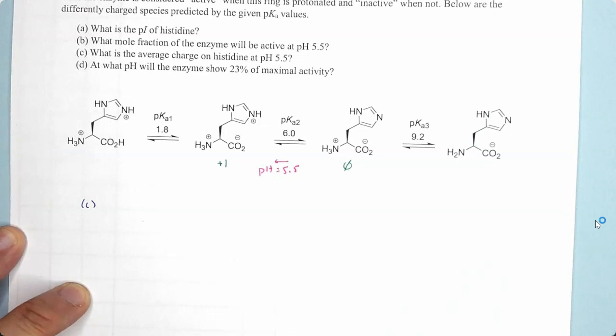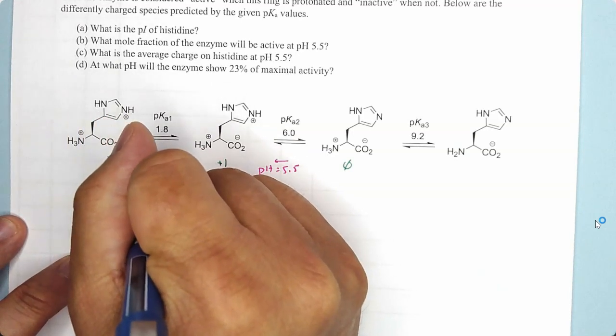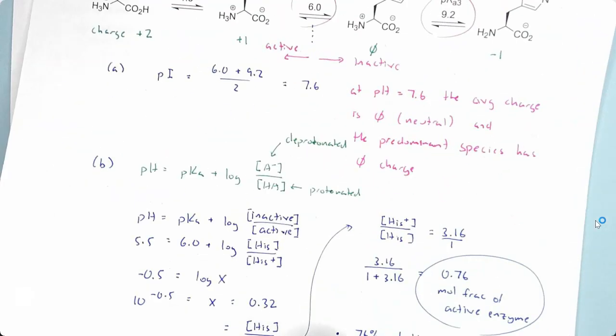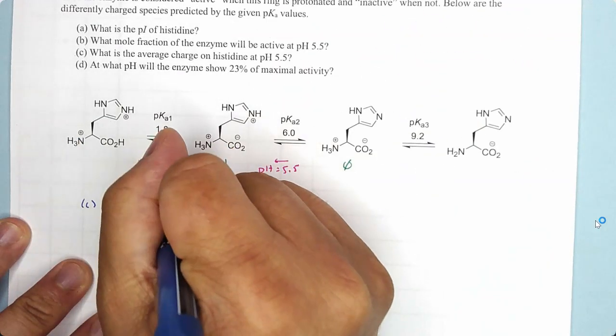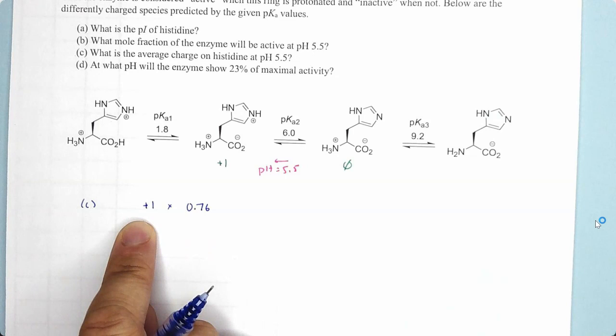So we're going to do something very analogous to the exercise where you figured out the average atomic mass of an element based on its isotopes. That was where you got the weight of one of the isotopes and multiplied by the abundance. If I have a bunch of molecules that are +1, we know the abundance is 0.76. So the mole fraction is the abundance of the species that are +1.